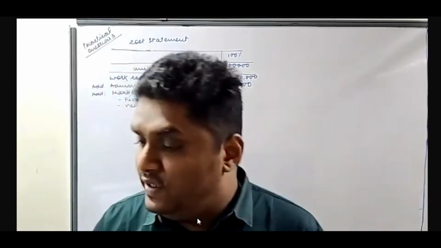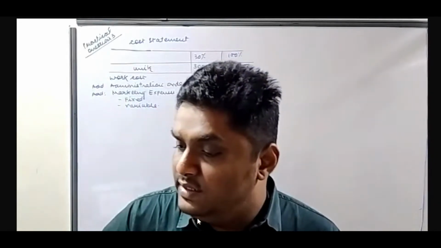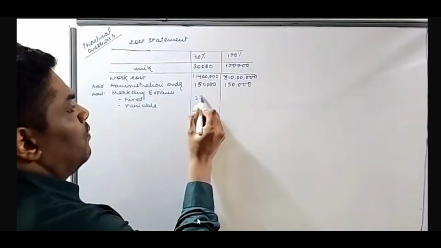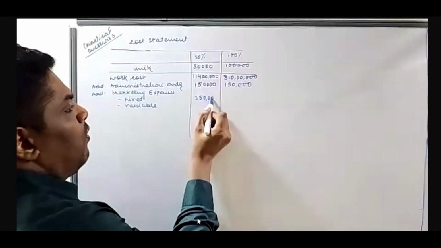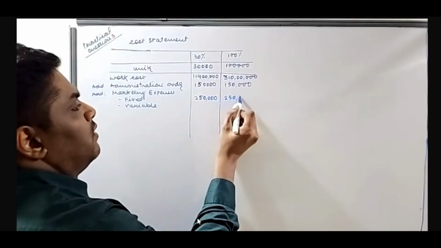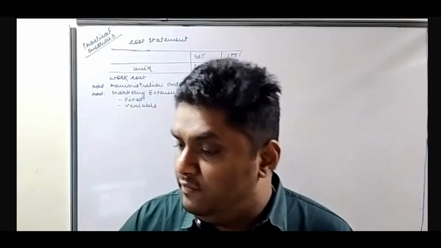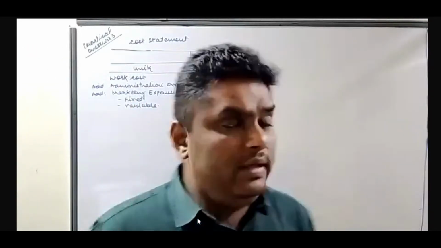When talking about the fixed marketing expenses, it is 2,50,000 per month. In both the cases. And the variable distribution cost, sorry.